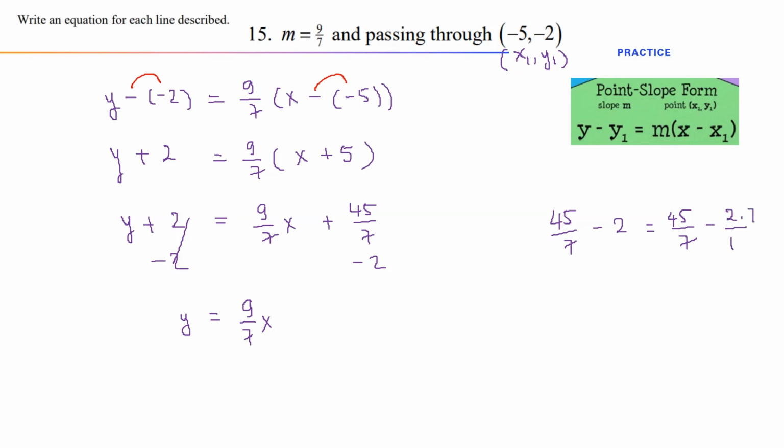Now to get the same denominator, the least common denominator in this case is 7, so I will multiply 2/1 by 7/7. That will make 45 subtract 14 all over 7, and that is 31/7. So right here, plus 31/7.